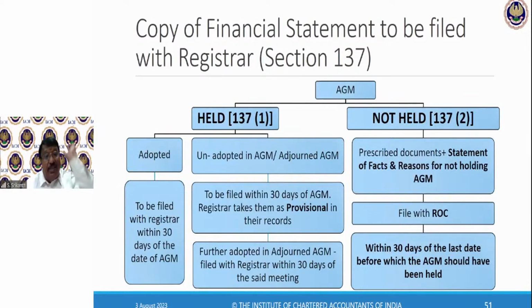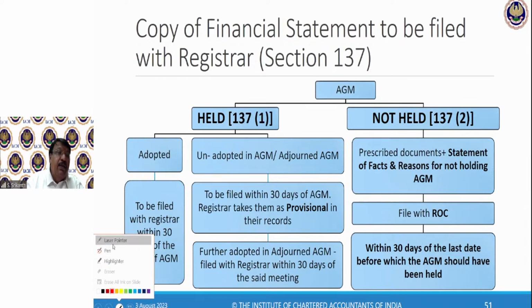At the AGM, you lay the financial statement before the members. Then they have to pass an ordinary resolution. If such a resolution is passed, then it is adopted, and there is no problem. You file it with the registrar within 30 days of the date of AGM. Please remember, financial statements to be filed within 30 days, right?